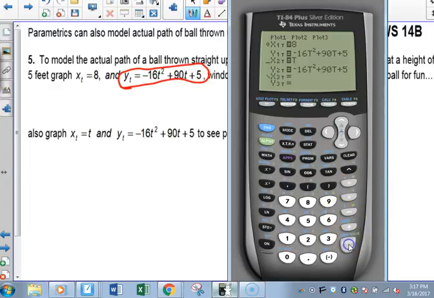I think I hit it too many times. I want it to trace it. Okay, everybody watching? Here we go. So it's going to show both views. There's, yes, at the same time.